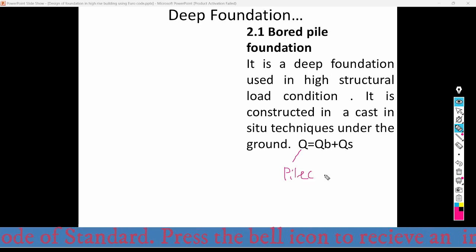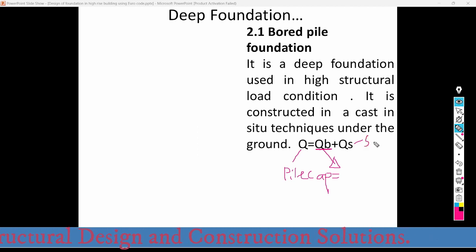See, the pile capacity is the maximum load that the pile can carry, which is equal to QB, the end bearing capacity. That means the capacity of the pile under its base plus the capacity of the pile at its surface.